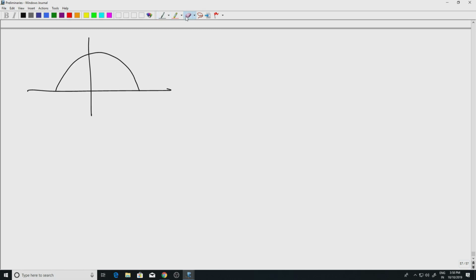This is not quite a good picture. So this is U1 plus.